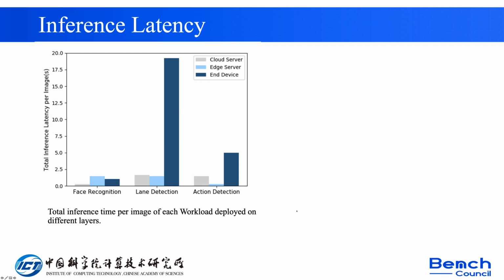Therefore, for AI workload deployment on an edge computing framework, different placement or collaboration policies in handling data size and workloads across cloud, edge, and user end devices may substantially affect the overall performance. Thus, we should take a scenario-based and end-to-end view to construct the benchmarks.